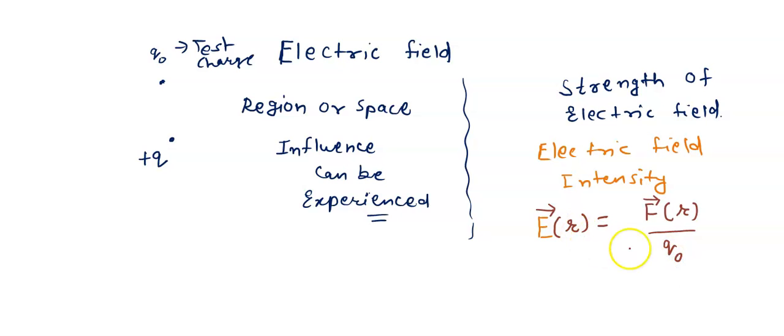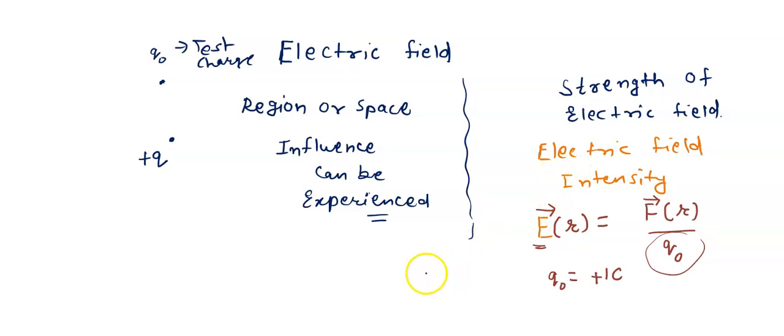What does it mean? Suppose Q naught is plus 1 coulomb. Then the force experienced will be equal to the electric field intensity at that point.